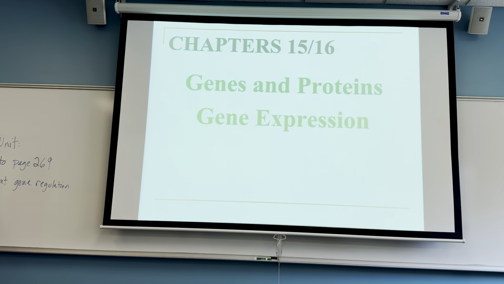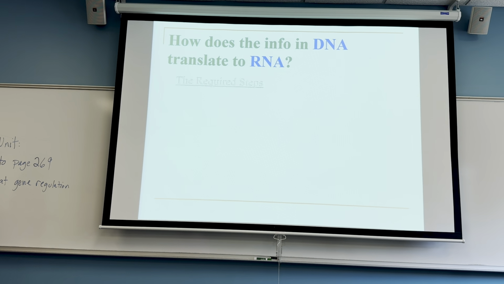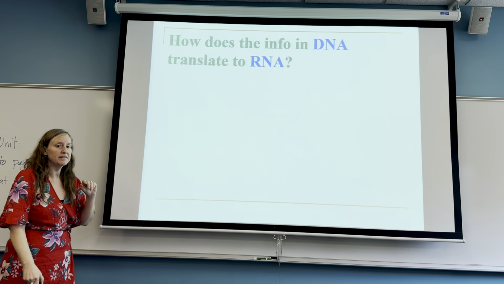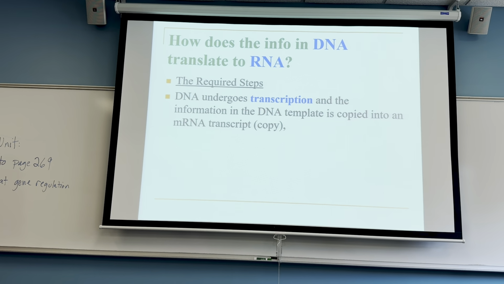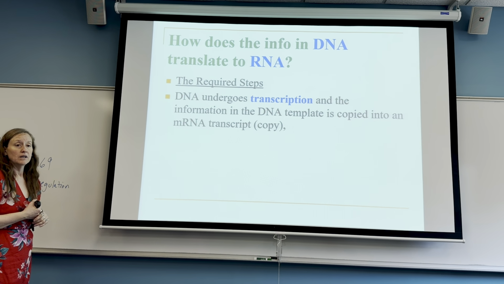All right, so let's talk about making genes and the expression of genes. How does the information in DNA translate to RNA? Again, we call it the central dogma. You have these required steps. The DNA undergoes transcription.